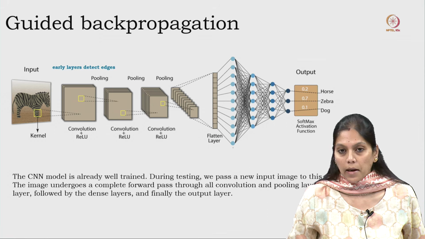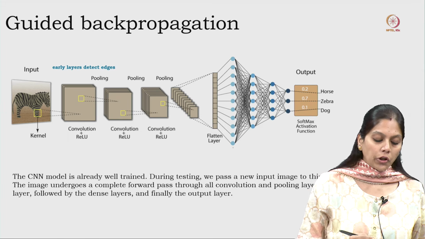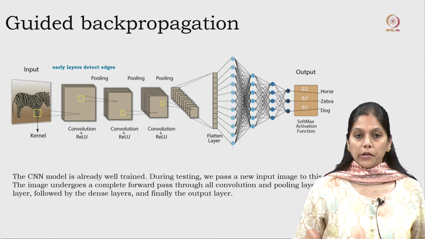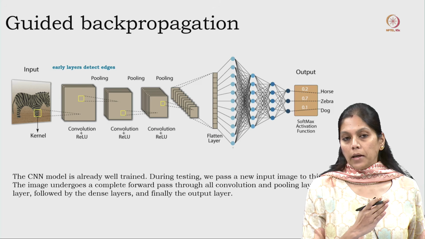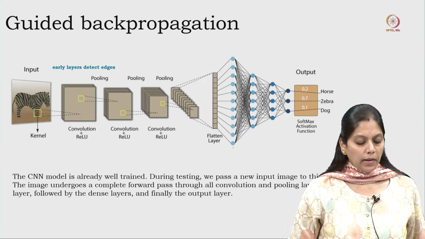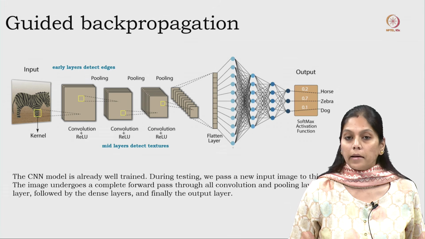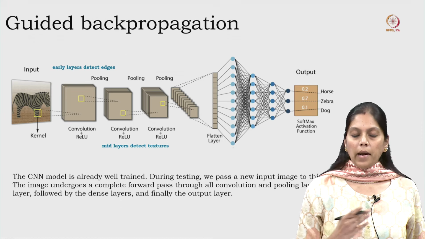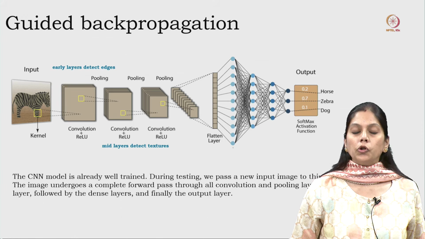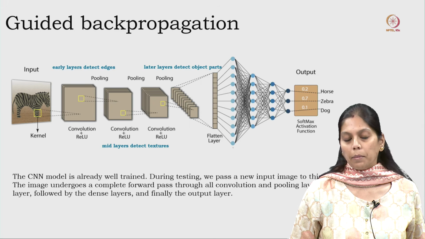The early convolutional layers will detect the edges. As the image moves forward, the next convolution layers will focus on detecting the texture. The deeper convolutional layers will help in detecting the object parts.